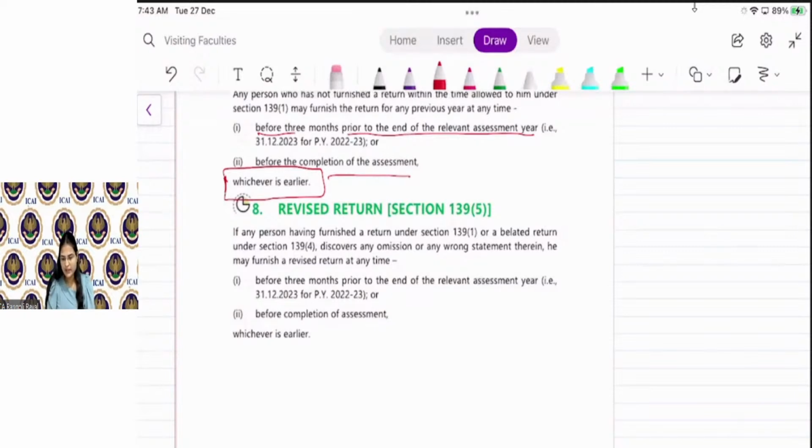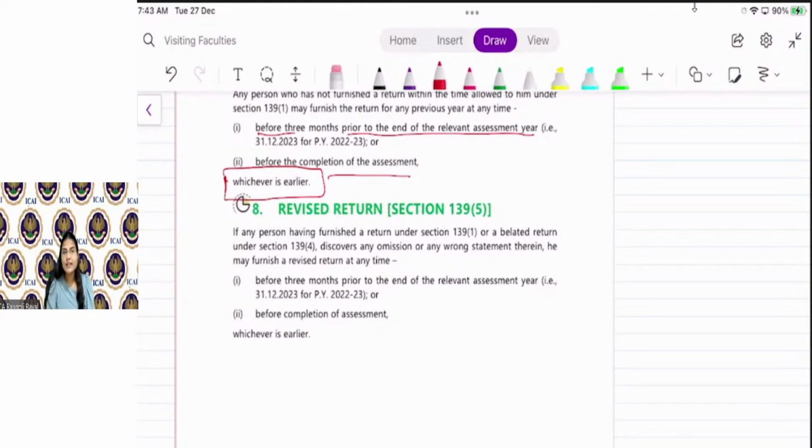Then in that case, I can revise my return. Say, for example, certain income I forgot to take in my return. Then I can take that, and I can file revised return.